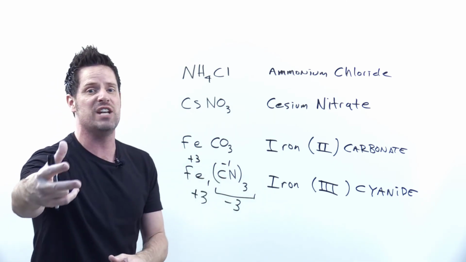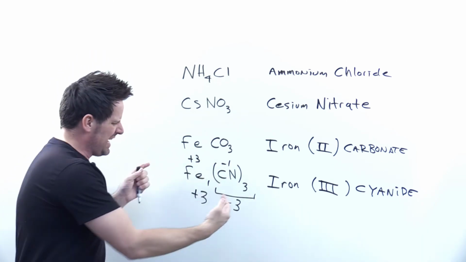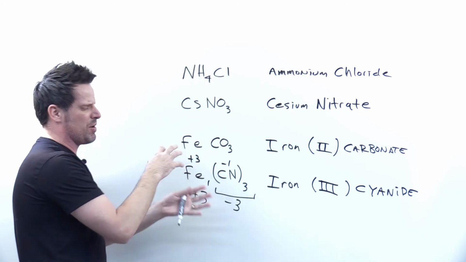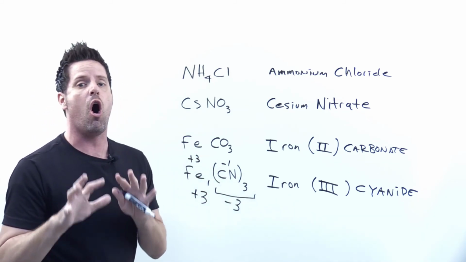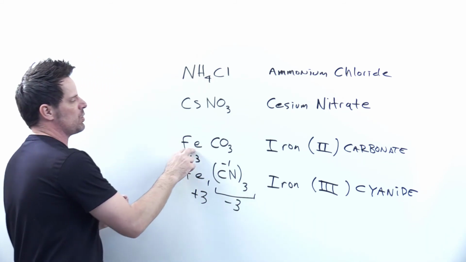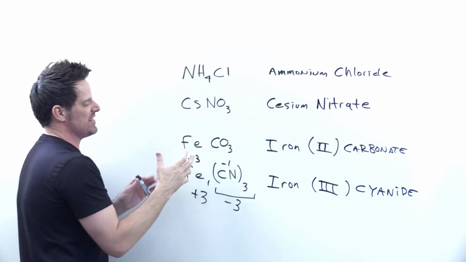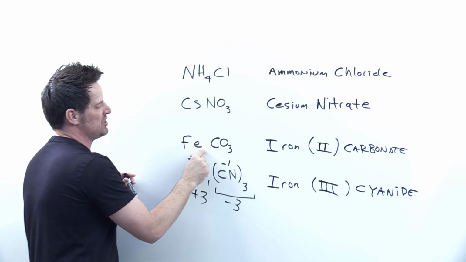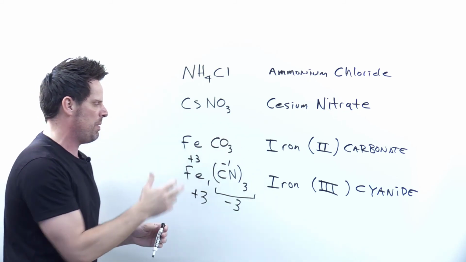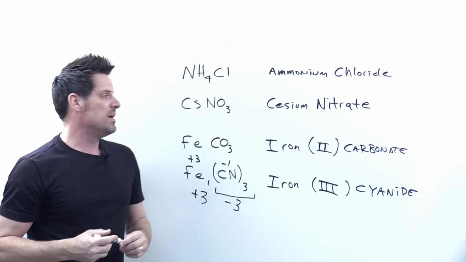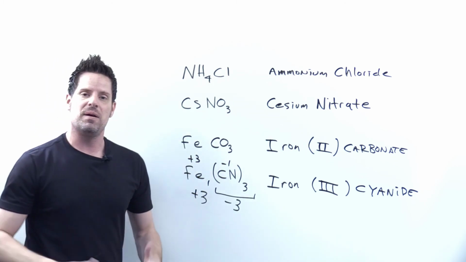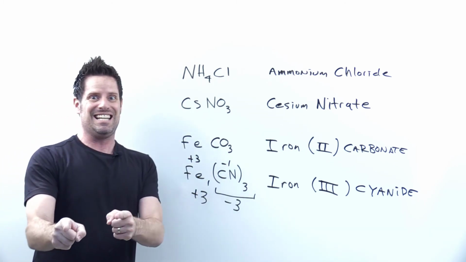So each cyanide is -1. That kind of cross work for being able to identify the charges doesn't always work out all of the time. It doesn't work, for example, in this case where I have a -2 here and a 2 there. If I just did this crossing thing, I would assume that this was a -1 and that was a positive 1, and that is not the case. So anyway, those are the names of some of these compounds, and hopefully that all makes sense. Yeehaw!